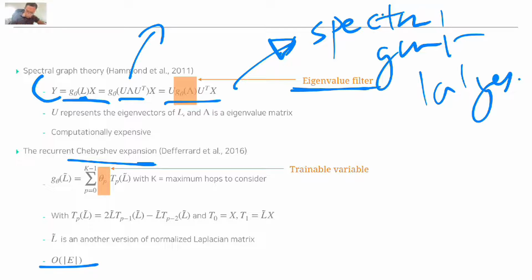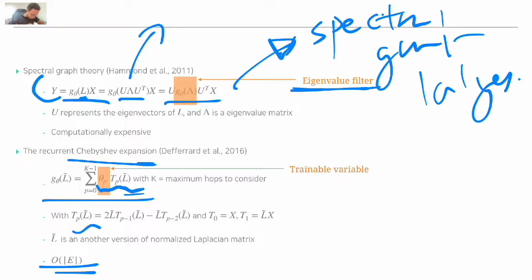The computational complexity corresponds to big O of the number of edges, and we are able to substitute this part to here. The actual computation is from the summation of the k number of these terms.